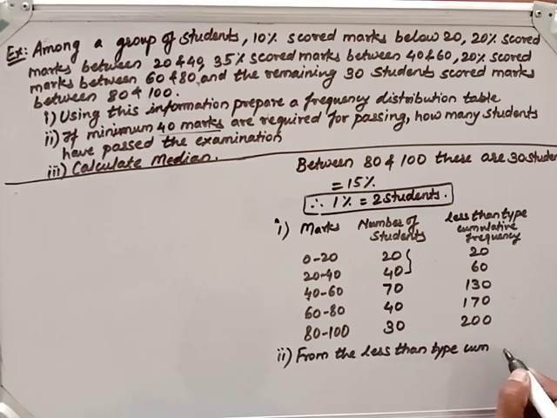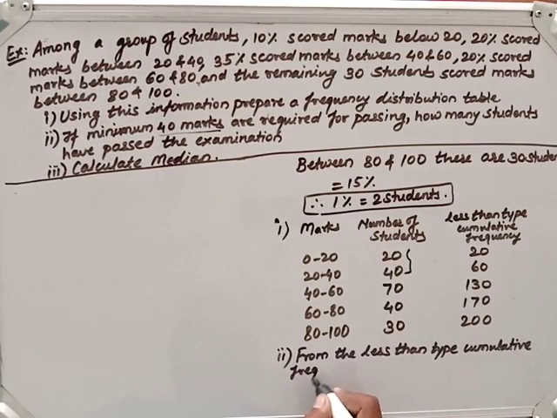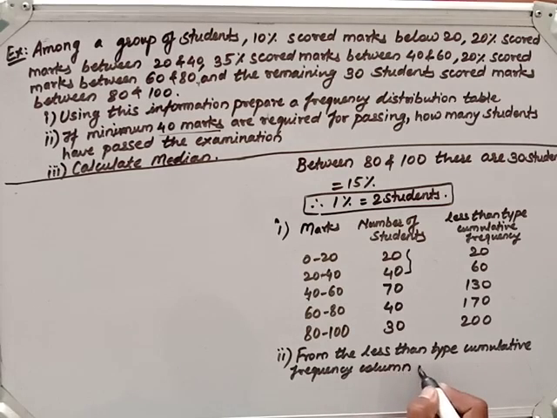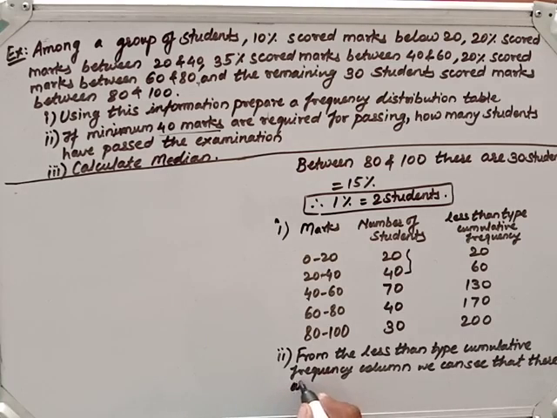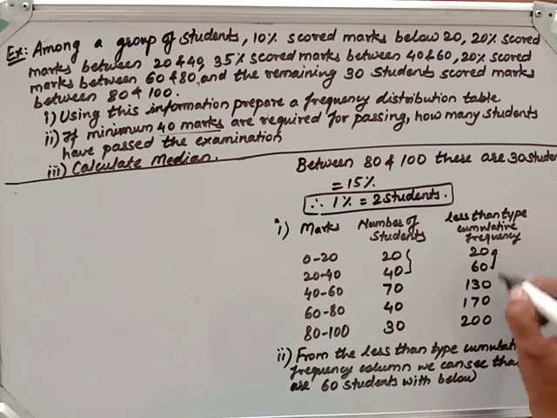less than type cumulative frequency column, we can see that there are 60 students with below 40 marks.